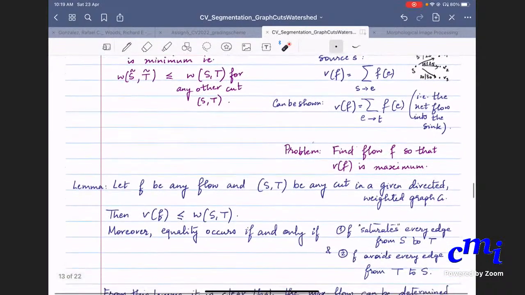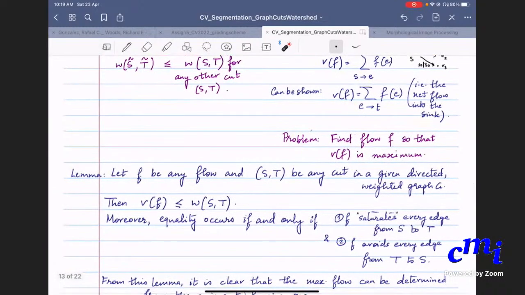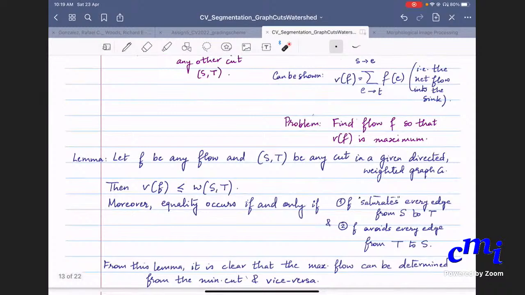The key lemma that connects this V of F with the cut and the flow is that if F is any flow and S, T is any cut in a directed weighted graph G, then the value of the flow is always bounded above by the cut given by S and T. So for any partition, the value of the flow coming from that partition is bounded above by the cut given by the partition.